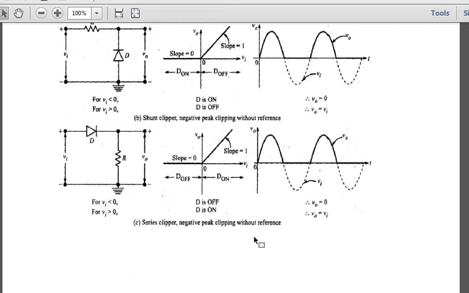So this negative peak is clipped off in this circuit, and this is the transfer characteristic of it.